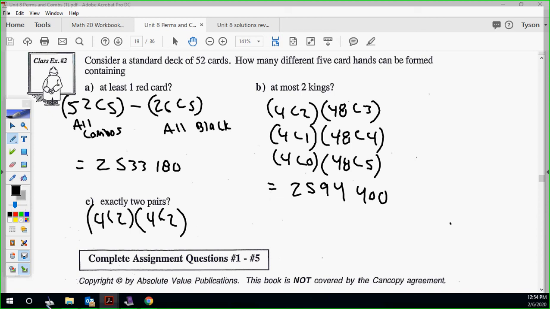There's my first pair, there's my second pair. And then our 5th card, we don't care what it is. Not 44, or not 48, I mean. There's 44 cards we can choose from to get a 5th card that won't match a pair of these. So this is your 5 cards, and I thought a lot of you could get that part.